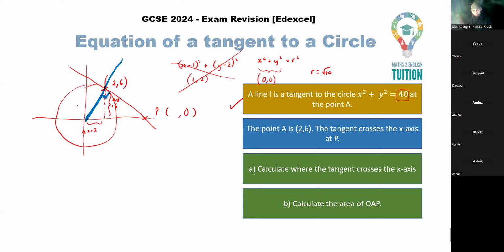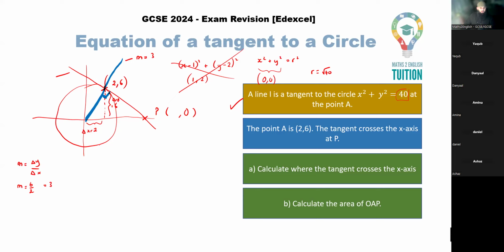Now to find the gradient of the normal, m is equal to the difference in y divided by the difference in x. So the gradient of the normal, the blue line, is going to be 6 over 2, which is equal to 3. So the gradient m is 3. Now, if I want to find the gradient of the red line, I have to look at the negative reciprocal.